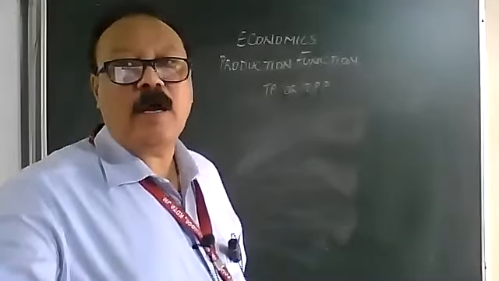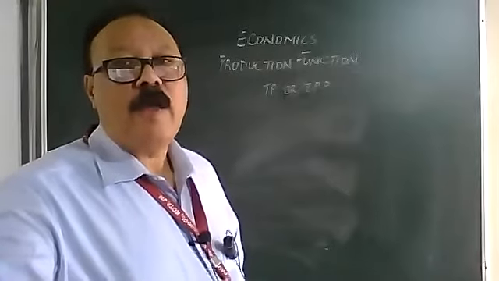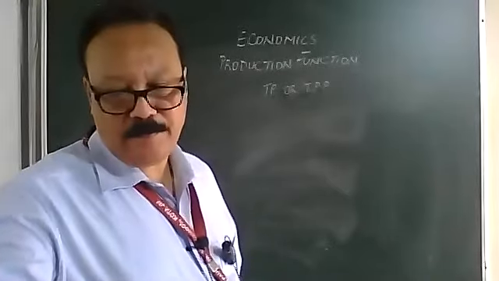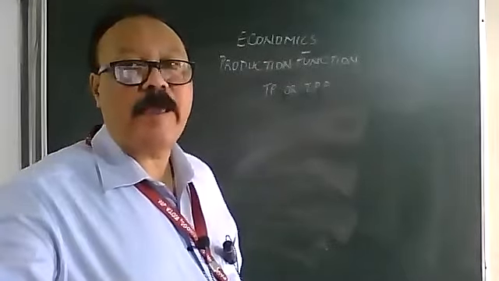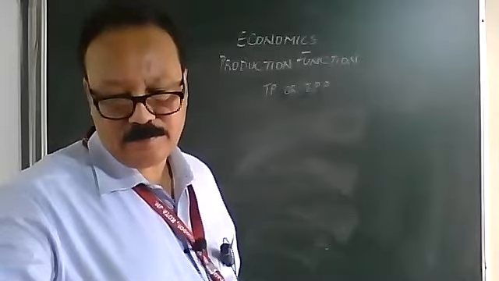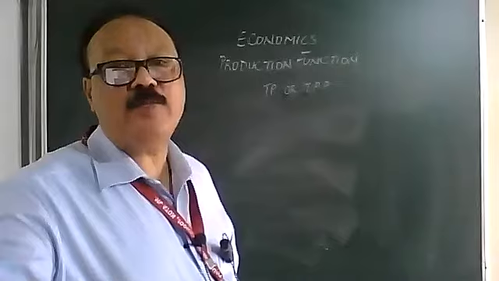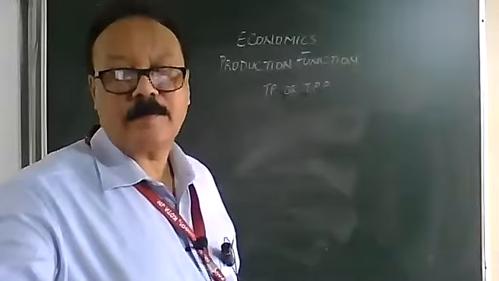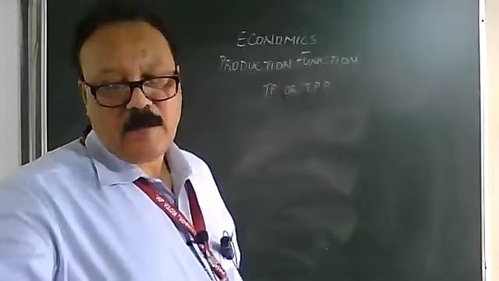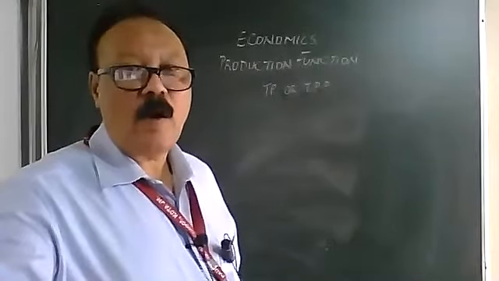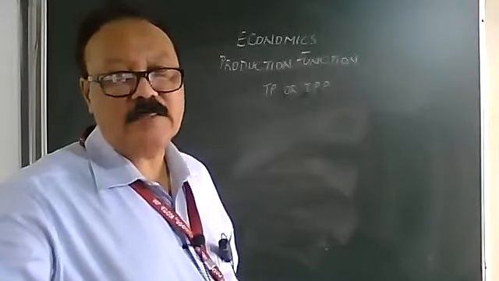TP in the context of average product, AP, is the average product multiplied by the units of variable factors employed.